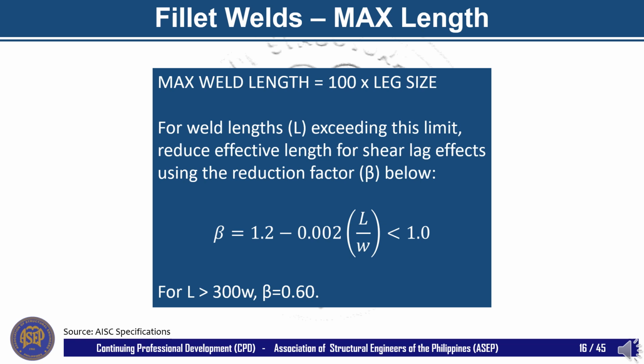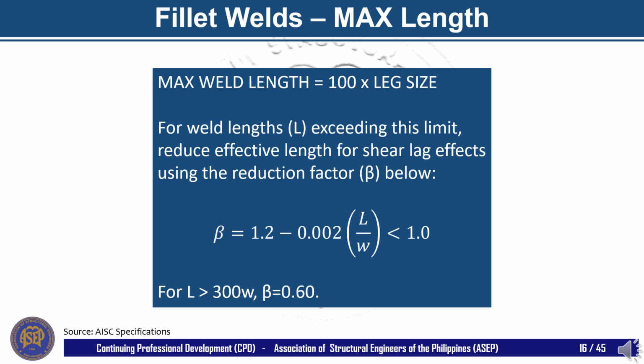AISC limits the maximum effective length of fillet welds under a specific set of conditions. Consider a lap joint with longitudinal fillet welds. When a tensile load is applied, the fillet welds may be considered end loaded. Now, the maximum length provision permits weld lengths of up to 100 times the leg size without any adjustments.